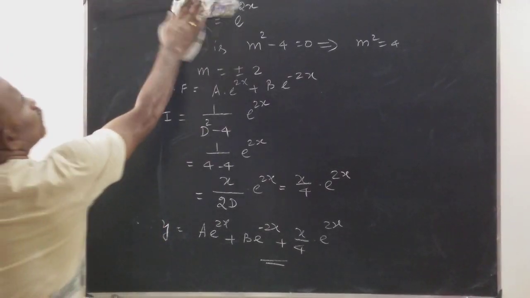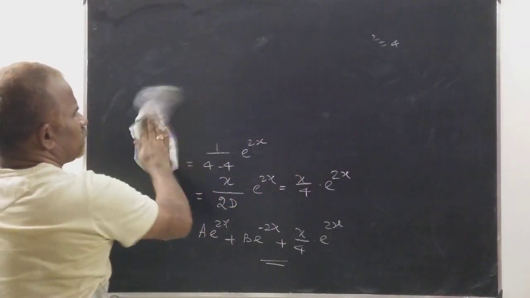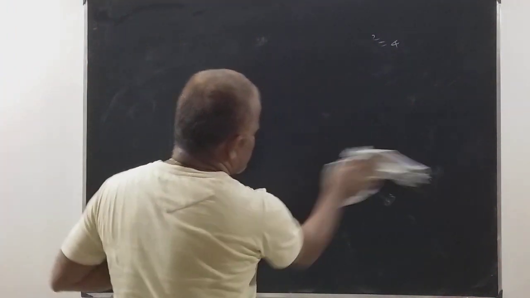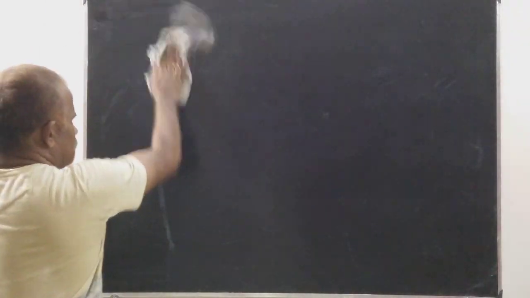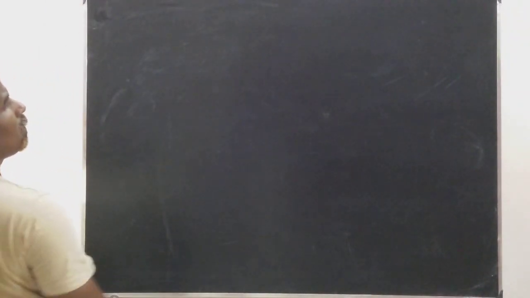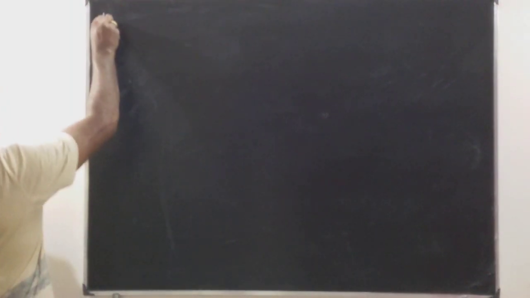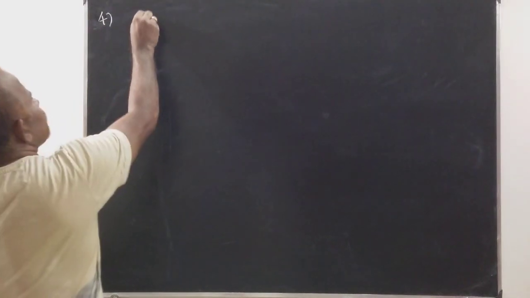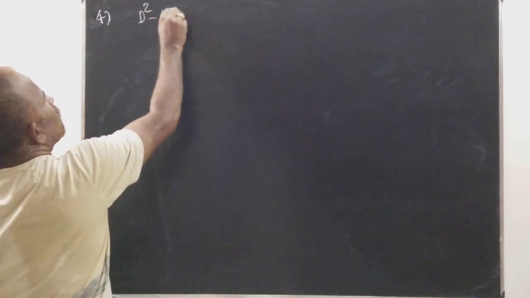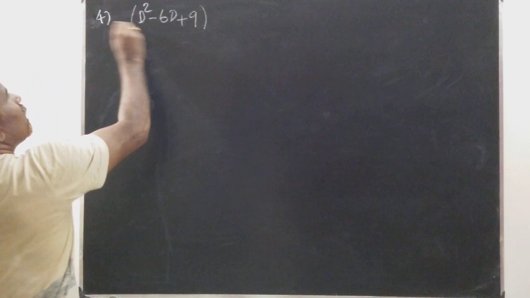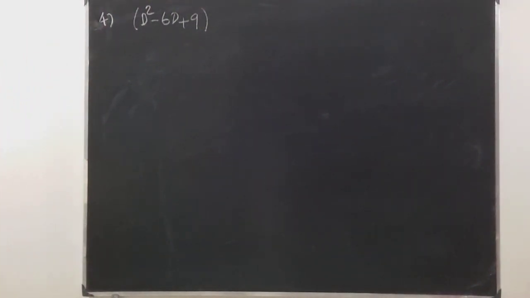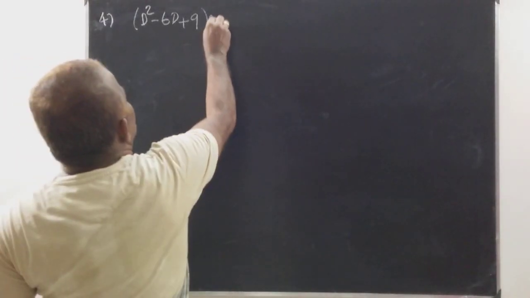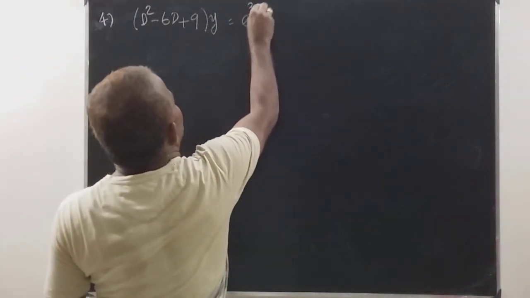Okay, the fourth problem is d squared minus 6d plus 9 into y is equal to e power 3x.